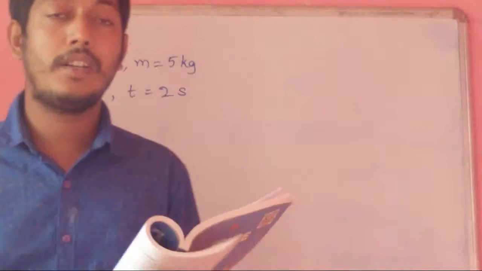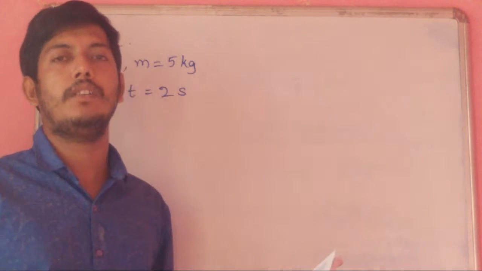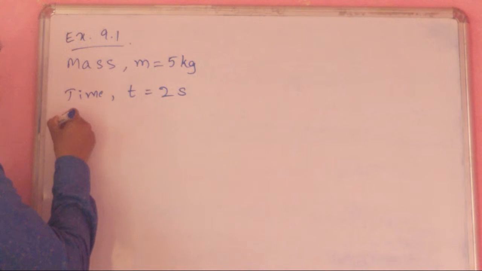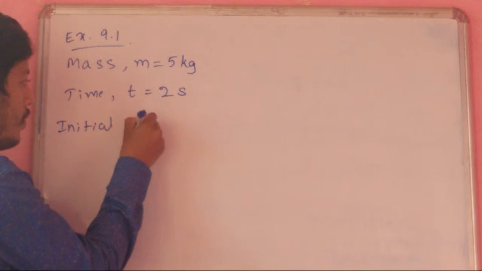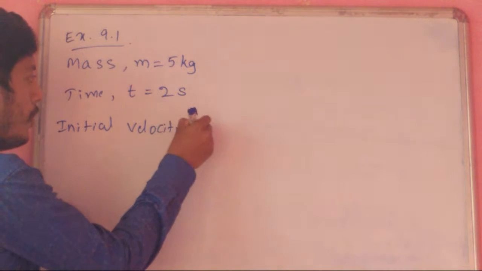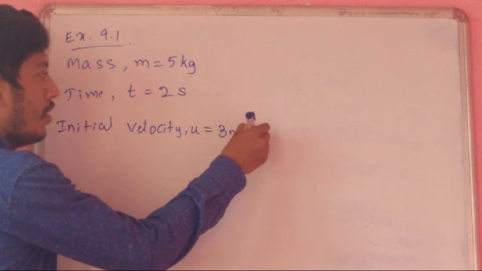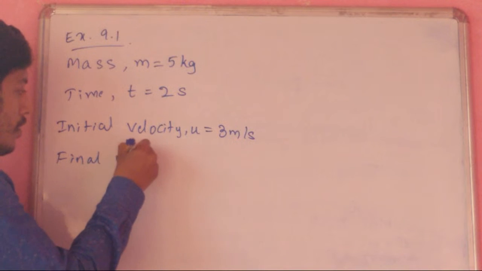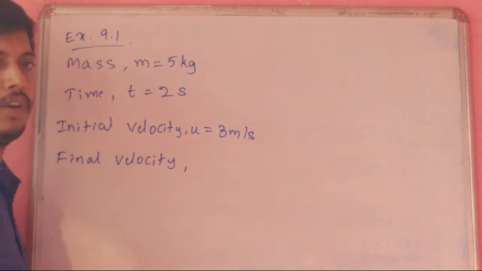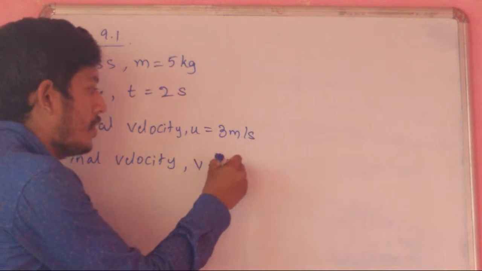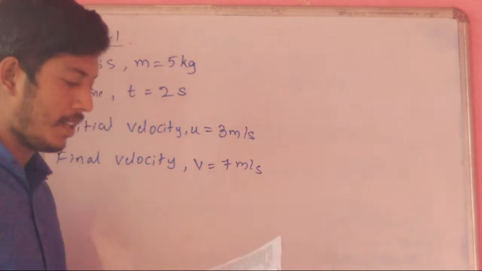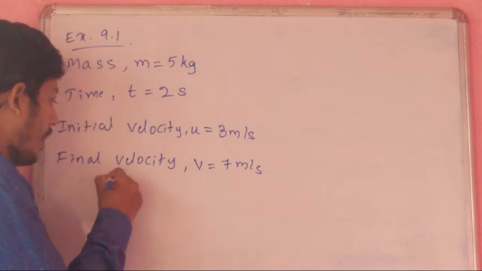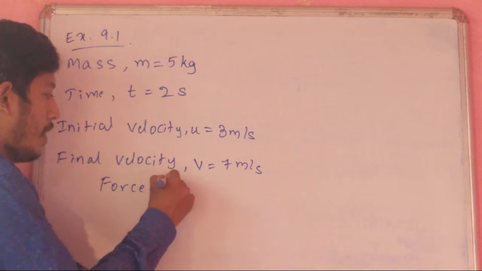Therefore, initial velocity, comma u equals to 3 meter per second, and final velocity, small letter v, is equal to 7 meter per second. Find the magnitude of the applied force. What we have to find out? We have to find out the force, comma F equals to question mark.